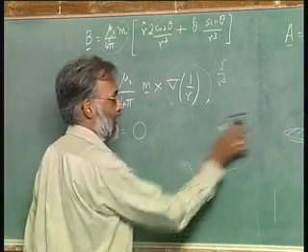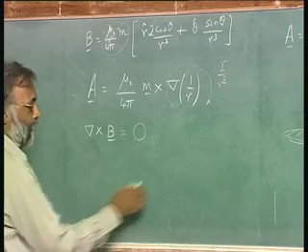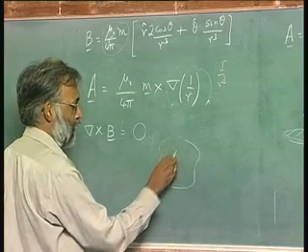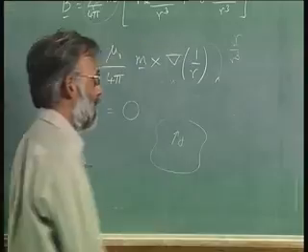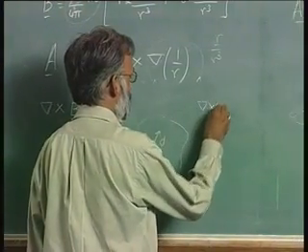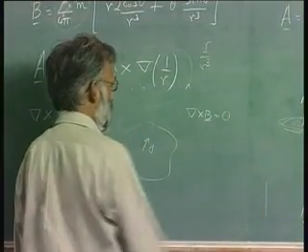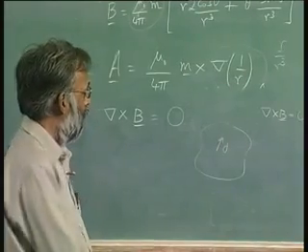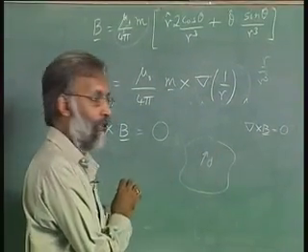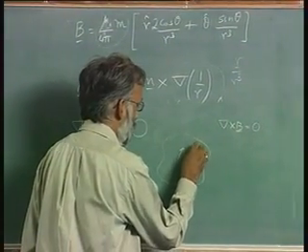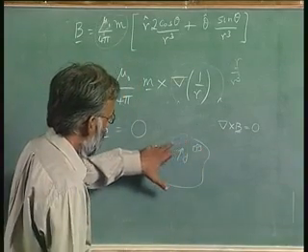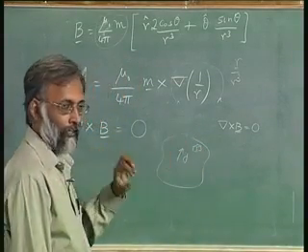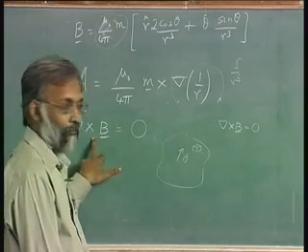What that means is that if I have any general current distribution J, away from that current distribution, curl of B is equal to 0. What happens inside the current distribution? Well, if I am looking here, whatever currents are there outside where I am looking, curl of B is 0.